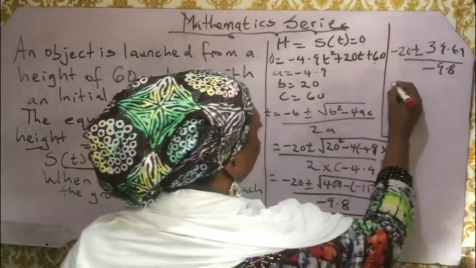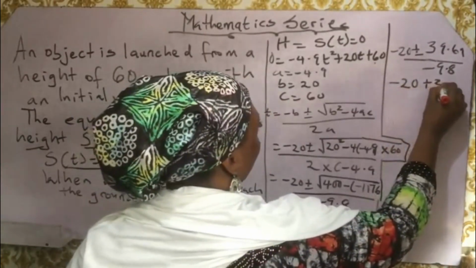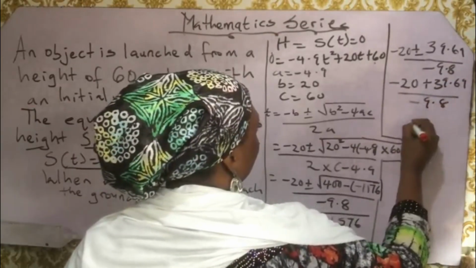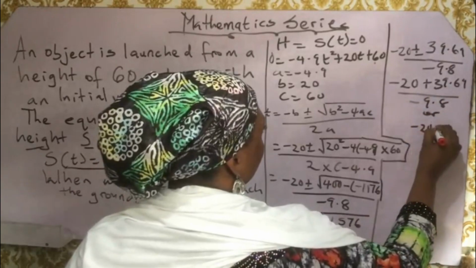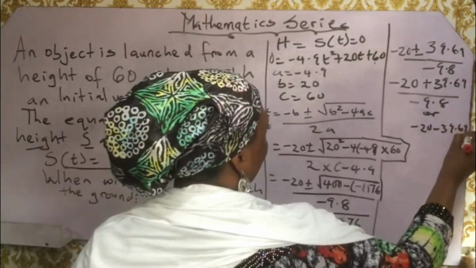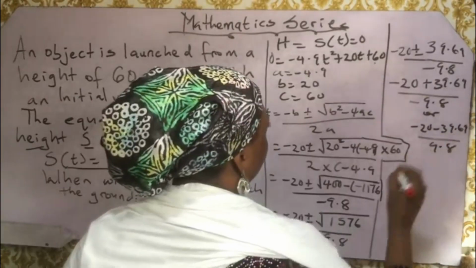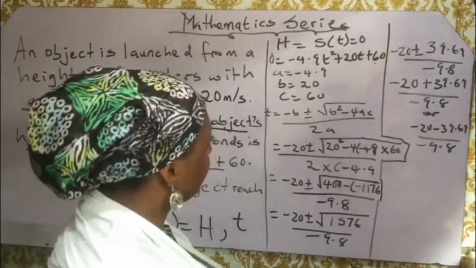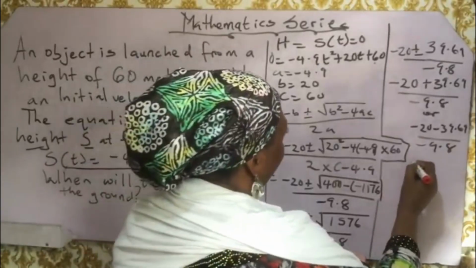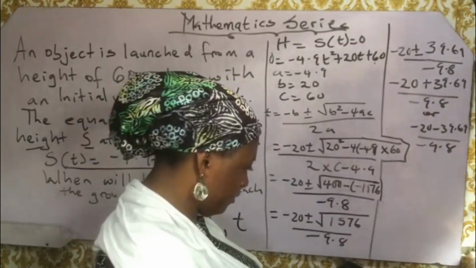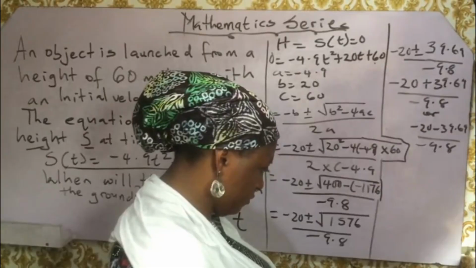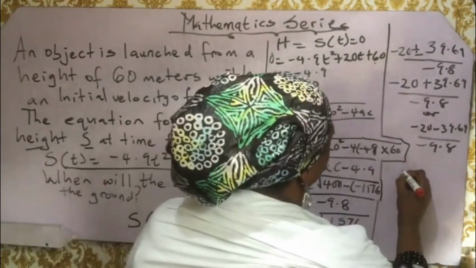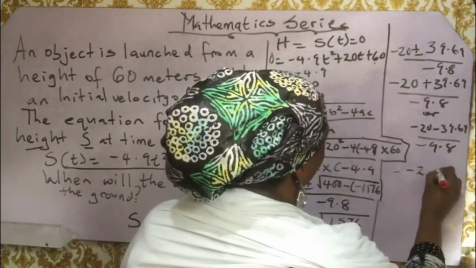So this can be split into negative 20 plus 39.69 divided by negative 9.8, or negative 20 minus 39.69 divided by negative 9.8. Now let's evaluate those. Negative 20 plus 39.69 is 19.69, divided by negative 9.8. That gives us negative 2.0 for the first one.